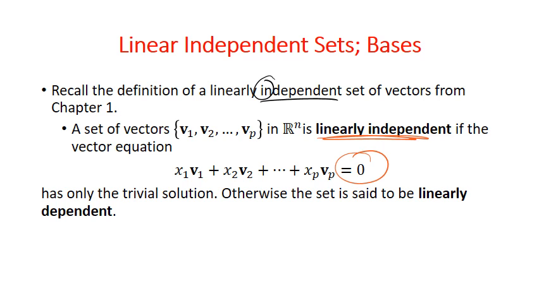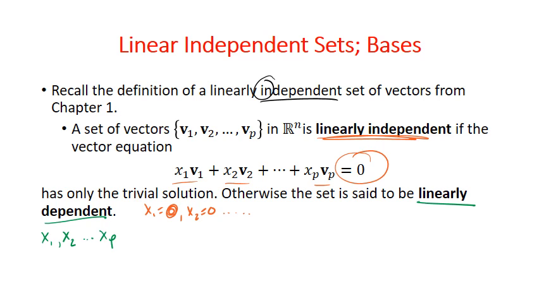That means that there is only the trivial solution, so x1 is equal to 0, x2 is equal to 0, and so on and so forth, in order for this equation to equal 0. Now, if this is not the case, then the set is said to be linearly dependent. And that means that the weights are not all 0, so x1 or x2 or xp is not equal to 0.